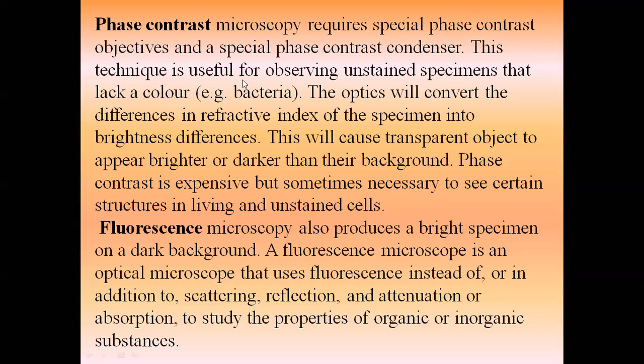This technique is useful for observing unstained specimens that lack color, for example bacteria or some glass fragments. So when your sample is not able to absorb the stain, when it cannot hold the staining, and when the samples are somewhat transparent in nature.